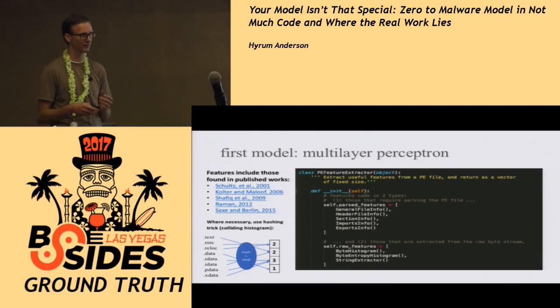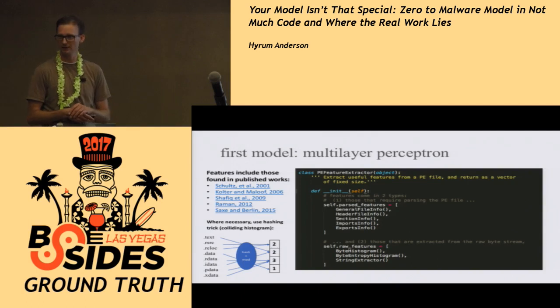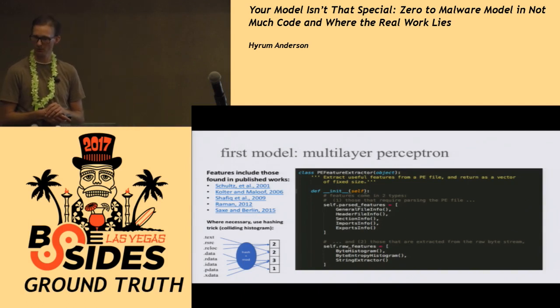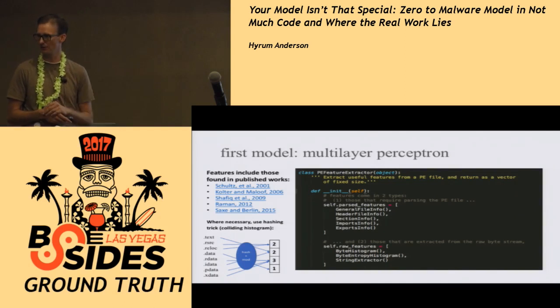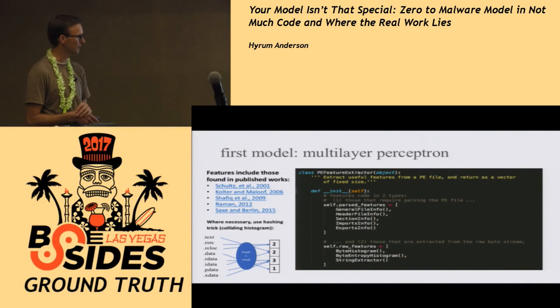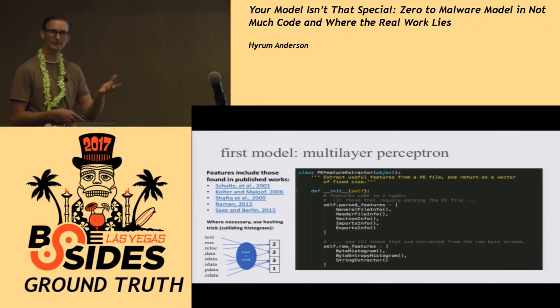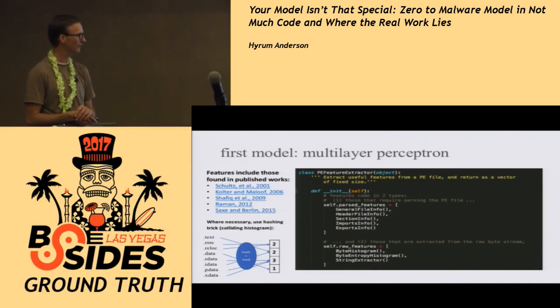In a PE file, there are different sections where data and code and resources and import address tables are contained, and we extract information about that in a part of the feature vector. Imports information: we literally query the PE file and ask what libraries are imported and which function APIs are used, and we include that in the feature vector. And whether the executable has any exports, like a DLL would have.